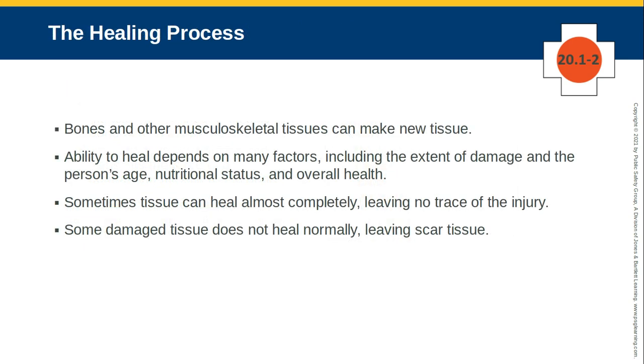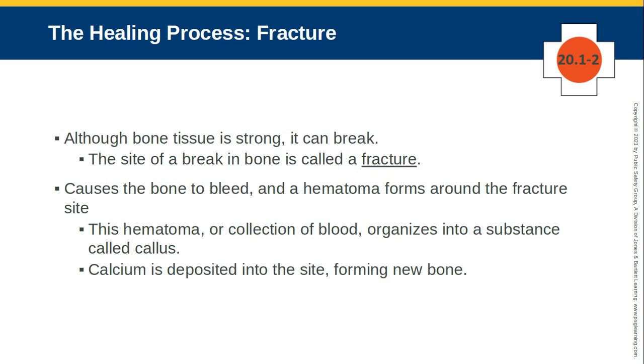Now, after an injury, the musculoskeletal system can heal itself, but the ability to do so depends on several factors. When a bone breaks, that injury is called a fracture.